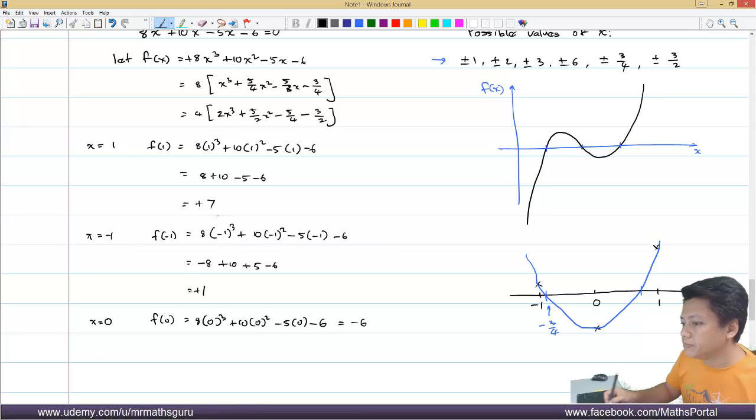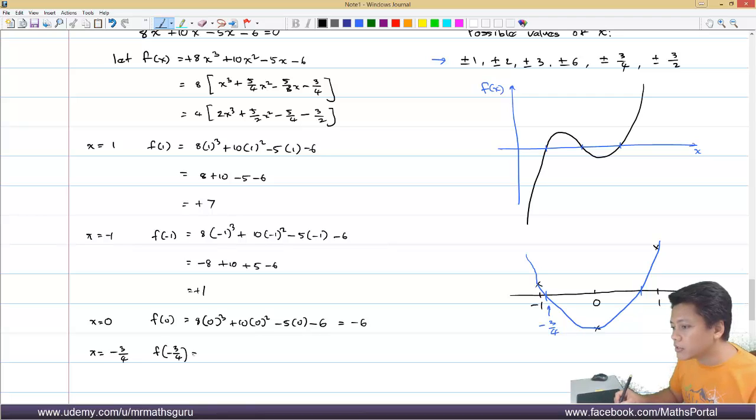Alright. So if x is equal to minus 3 over 4, then f(minus 3 over 4) is going to be, well, tedious. 8 times minus 3 over 4 cubed plus 10 times minus 3 over 4 squared plus 5 times minus 3 over 4 minus 6.